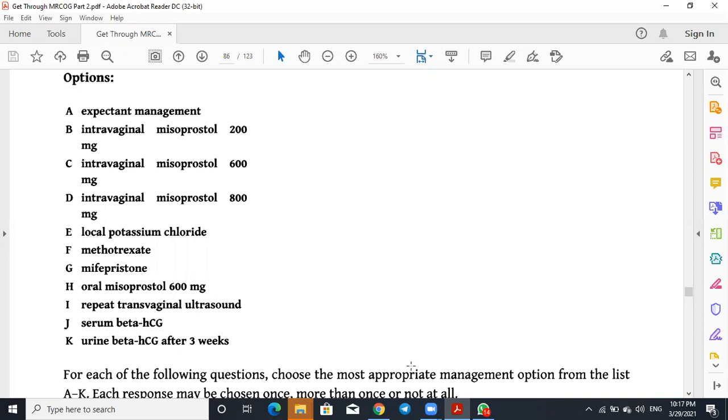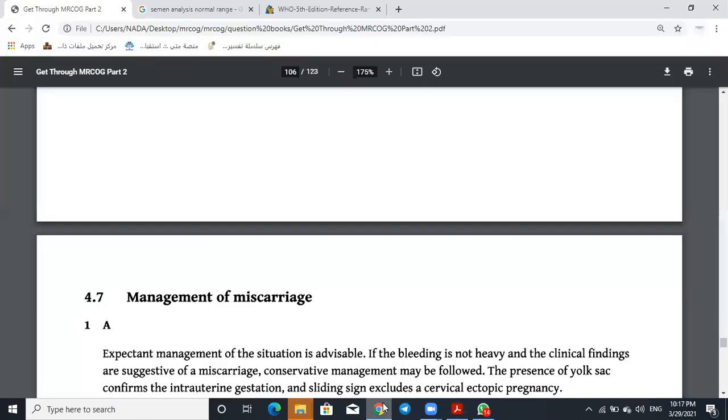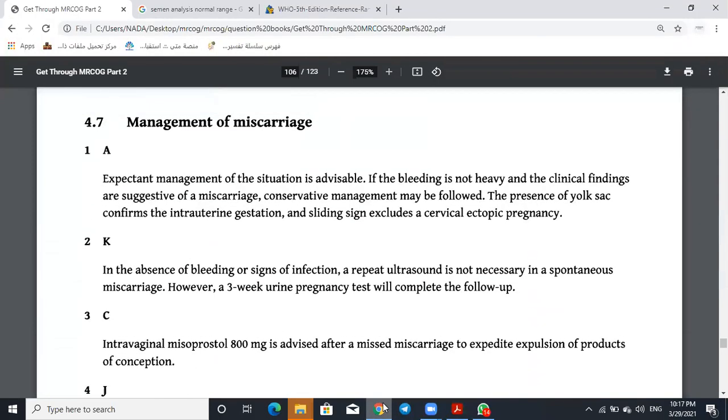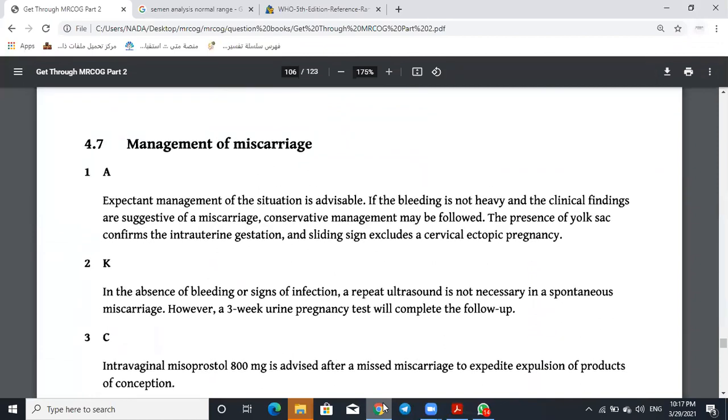We are supposed to give her 600 for incomplete, but in order to make it easier for us, the Royal College adopted one dose, only 800, for both.